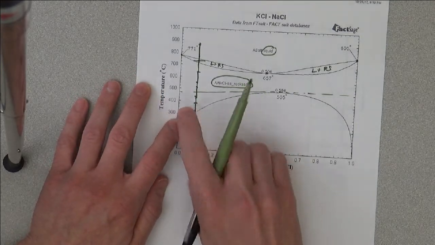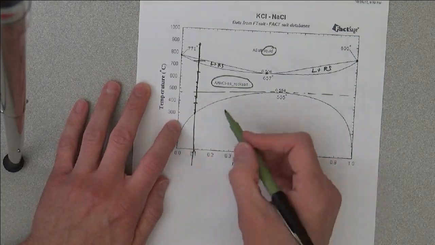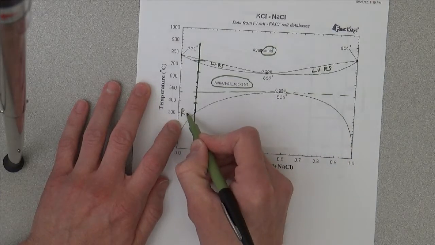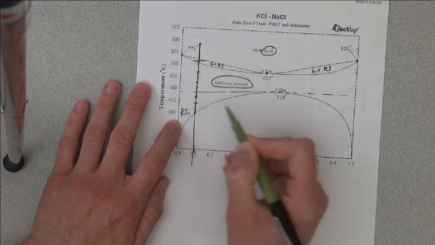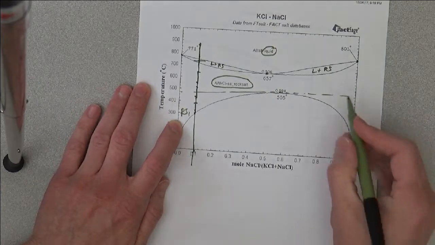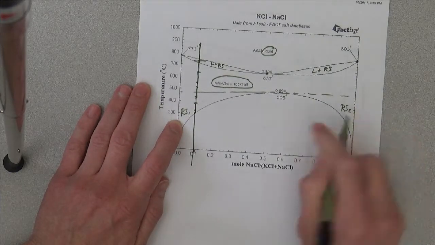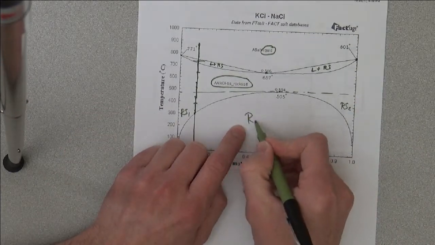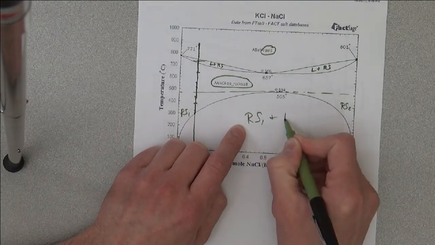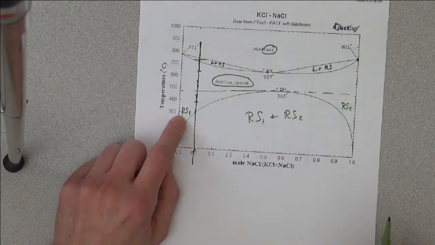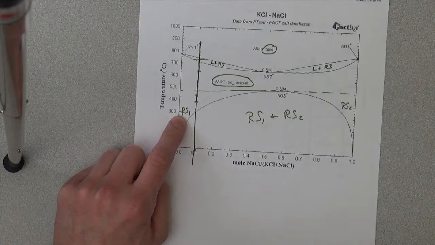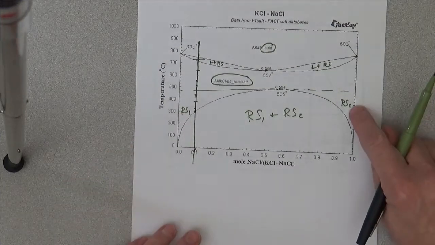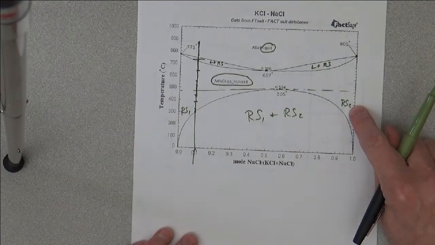This rock salt structure we're going to call RS1. This side we have RS2. In between we have RS1 and RS2. Basically, this is a rock salt structure that is potassium rich. This is a rock salt structure that is sodium rich.